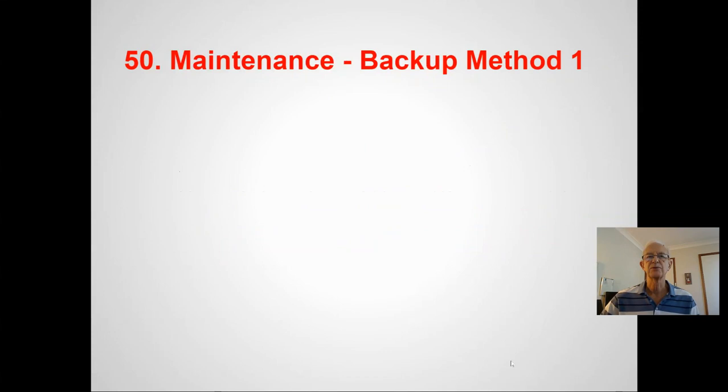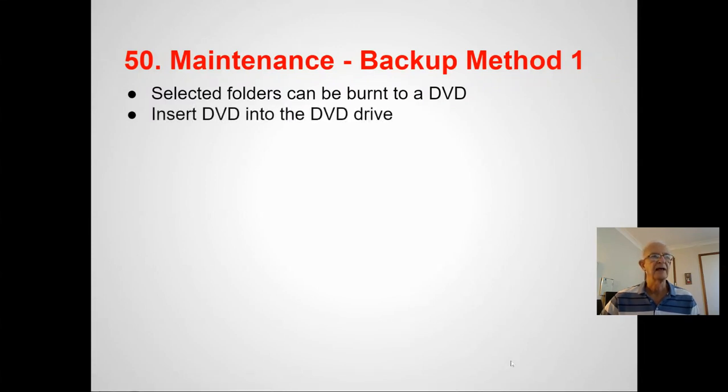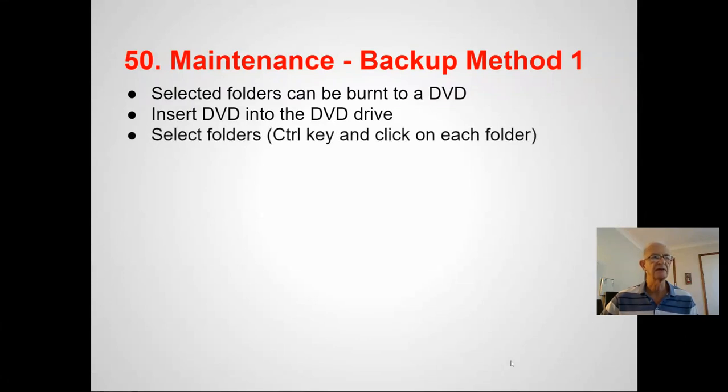So taking method 1, the process is you've got to select the folders you want to be burnt to a DVD. And then you insert a DVD into the DVD drive. You select the folders using the Control key and clicking on each folder.